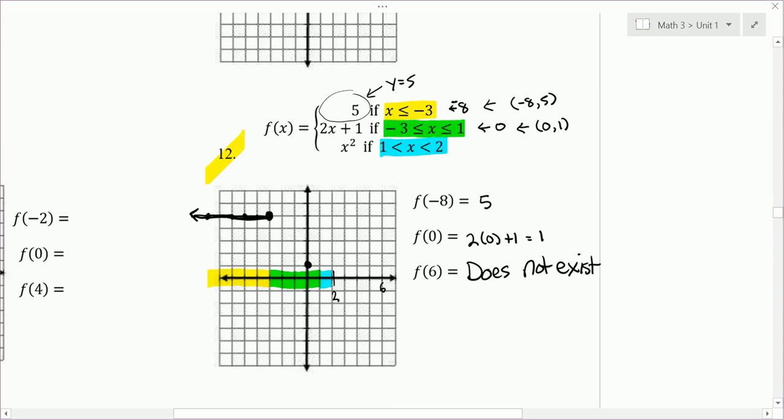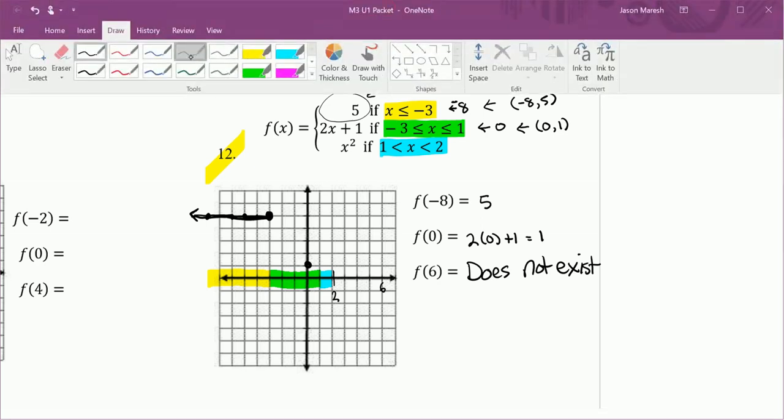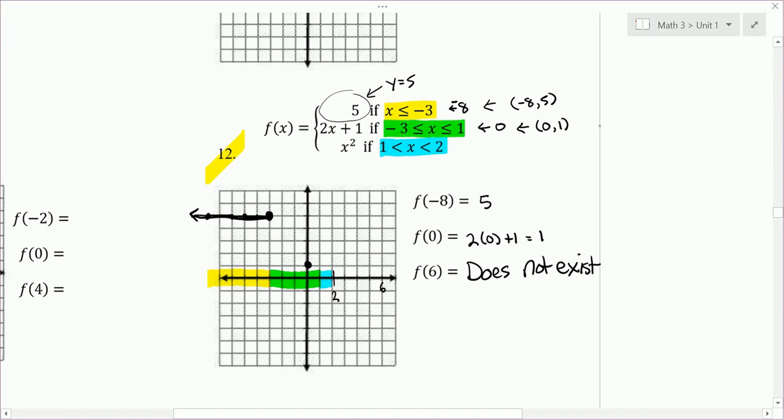So then we are going to pick up with the second piece. I'll do this in green, and I'll scoot it over a little bit. So we're working with y equals 2x plus 1. And we have to know what happens at the boundary. We have to know what happens when x is -3, and what happens when x is positive 1. So I'm going to plug in a -3, and I get -5.